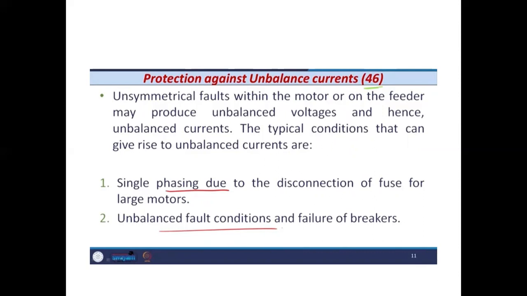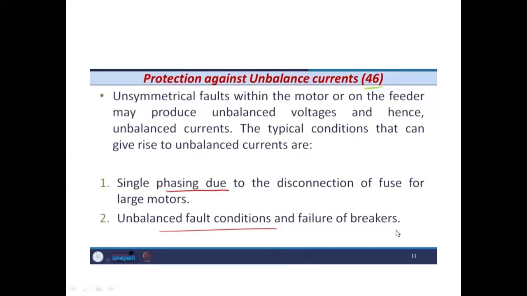The typical conditions that can give rise to unbalanced currents are, the first one, single phasing due to the disconnection of a fuse for large motors, and the second, the unbalanced fault condition and the failure of breakers.